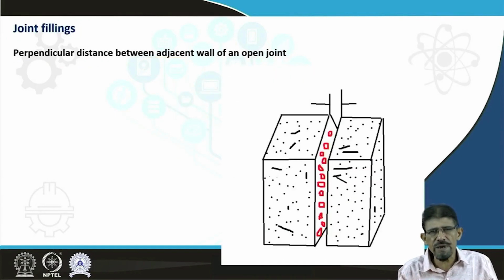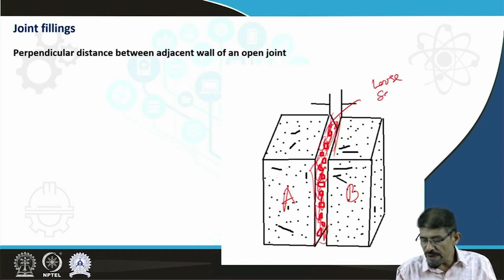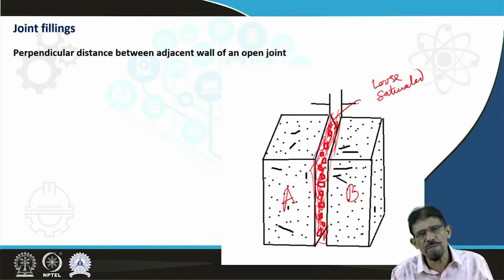Next parameter is joint filling. Some materials fill the spaces present between two blocks of rock separated by an open joint. It may be loose material, saturated loose material, mineralized material, clay material, carbonate material, or siliceous material.